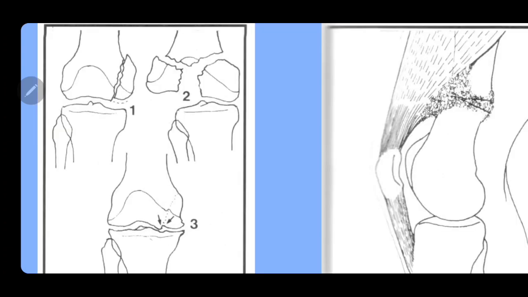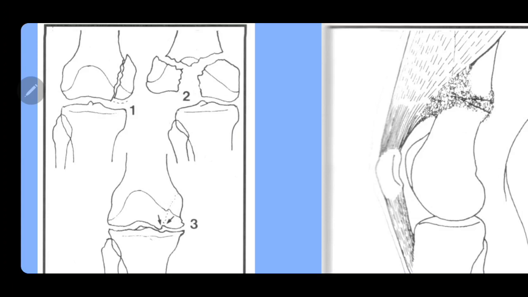The fractures also can be classified according to their location relative to the joint. So, as on the right slide, you can see the fracture which is close to the joint, but it is not involving the articular surface. And it is possible when the joint is involved, it may be a partial involvement or complete involvement.